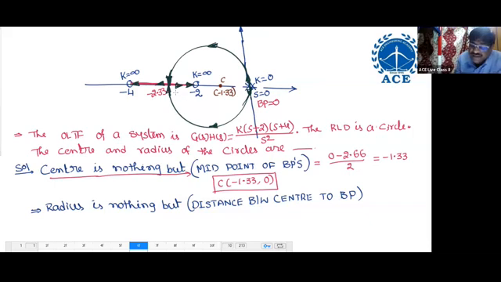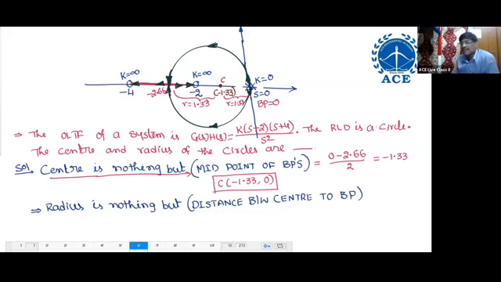What is the distance from the center to 0? It is 1.33, and from the center to minus 2.66 it is also 1.33. So R equal to 1.33, the distance between the center and any breakpoint.